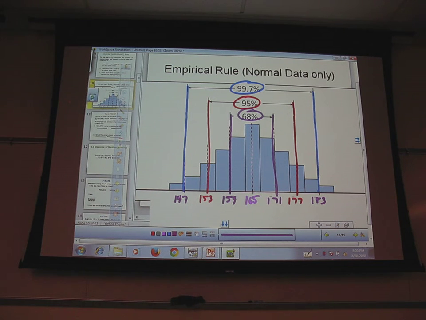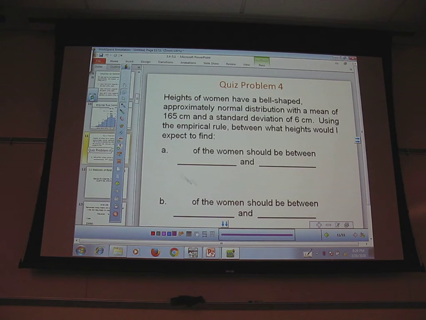And then 153 to 177, that's how many standard deviations? 2, so that should be 95%. Good. So the answers are 159 and 171, and 153 and 177.